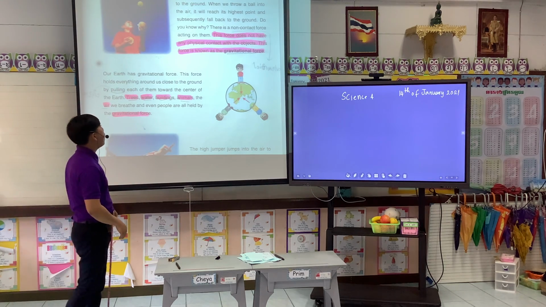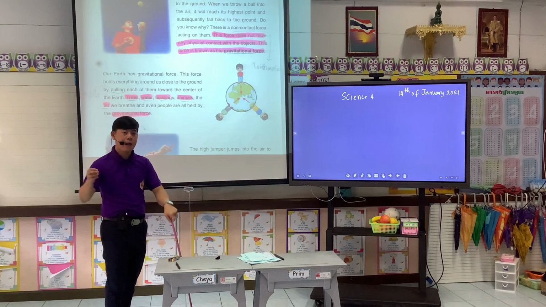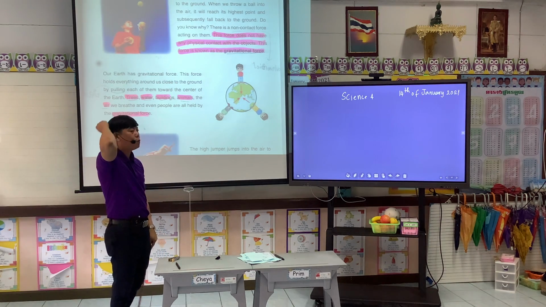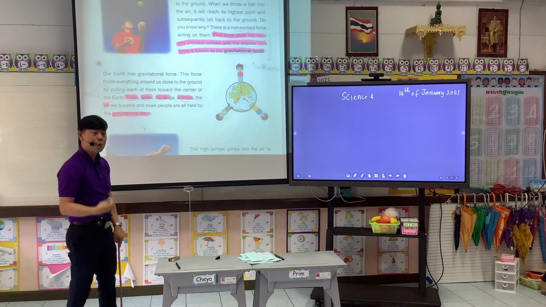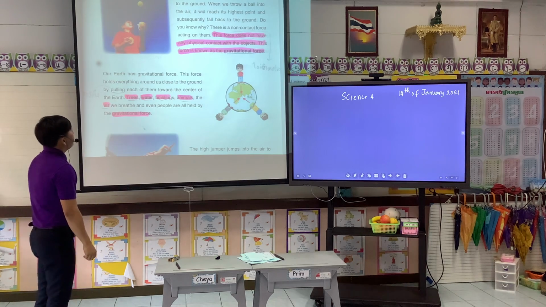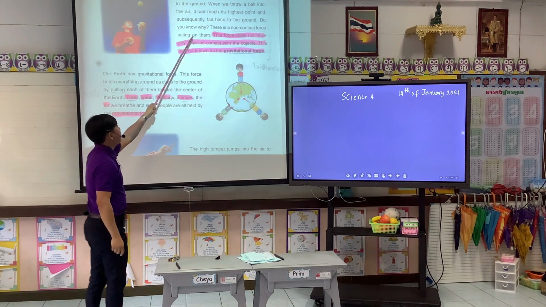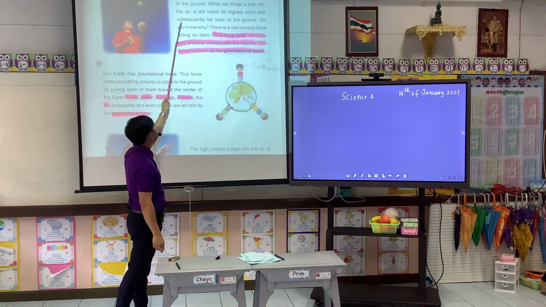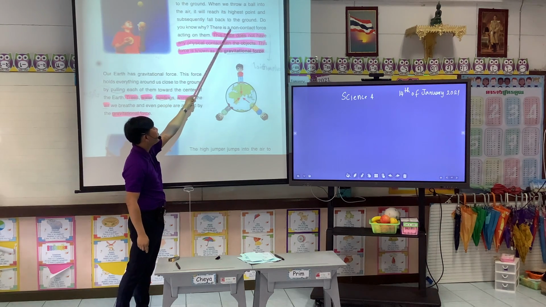When we throw a ball into the air, it will reach the highest point and subsequently fall back to the ground as well.